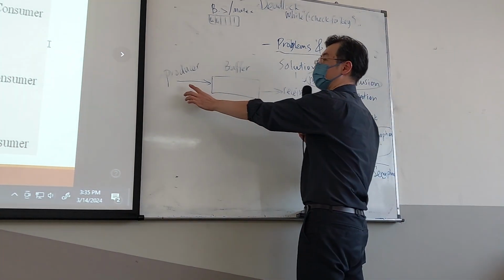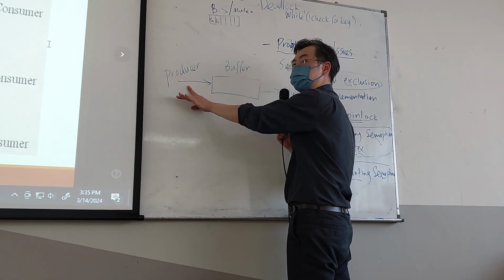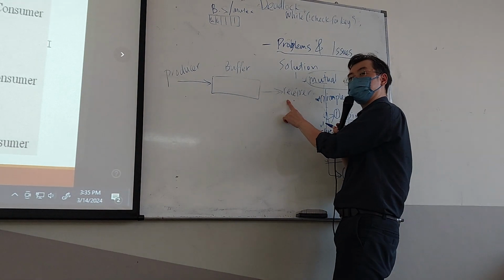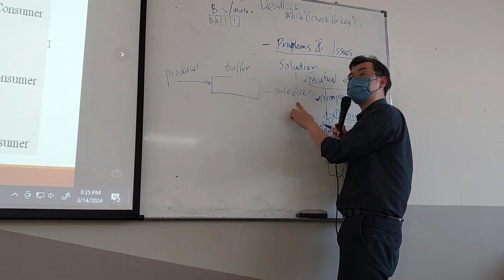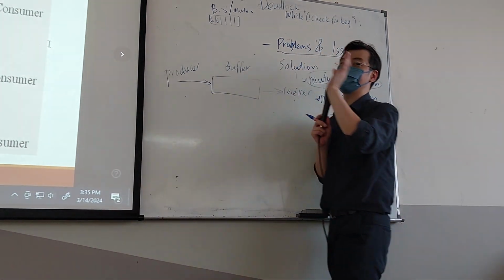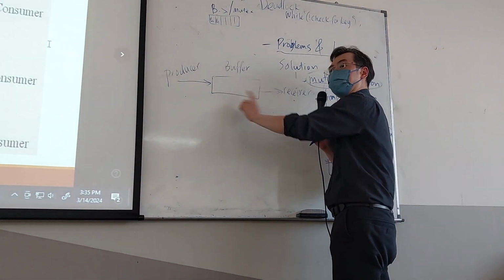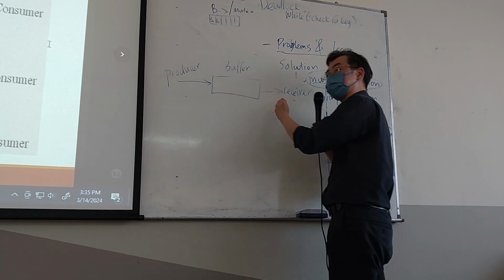Let's say I can produce 100 pieces of information per second. This guy also can process and receive 100 messages per second. Do you think you need a buffer here? No, you don't need it, right? Because they are at the same speed. Whatever you produce, I can receive.